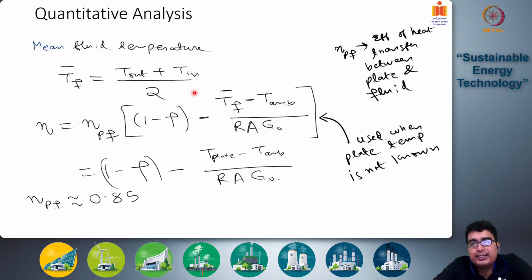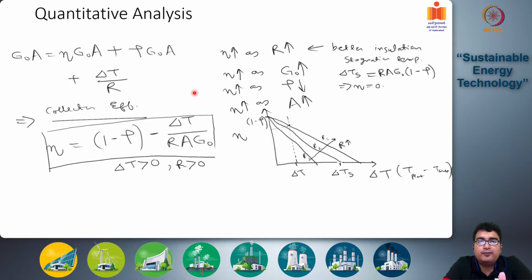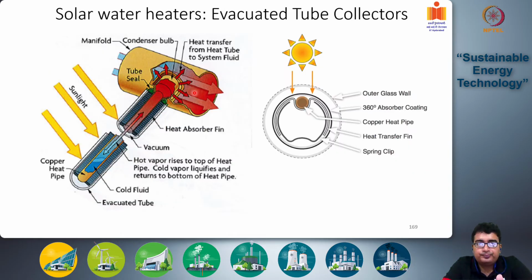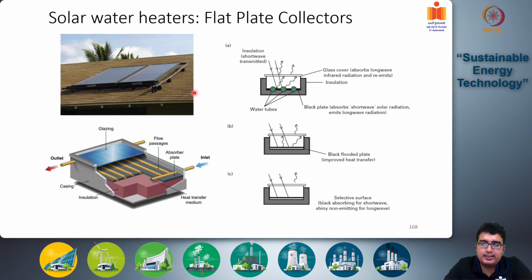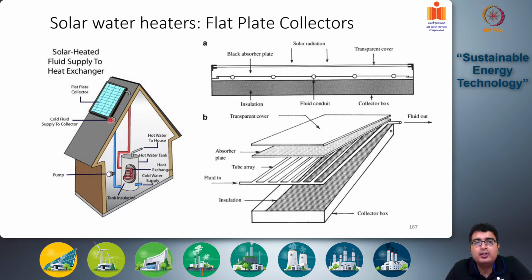Another problem that comes is that often you do not actually know the temperature of your absorber plate. If you think of your original system, like this system or like this system, how would you find the temperature of the absorber plate? You get the temperature of the inlet fluid and the outlet fluid using thermocouples, but the temperature of the absorber plate is not usually known.